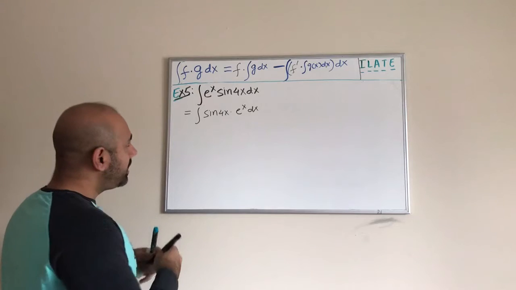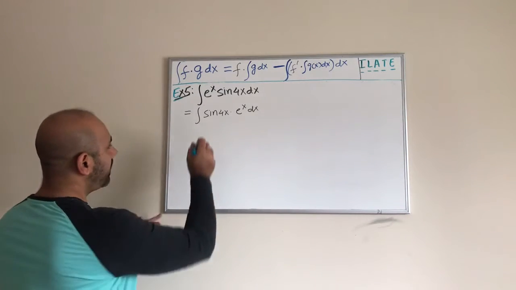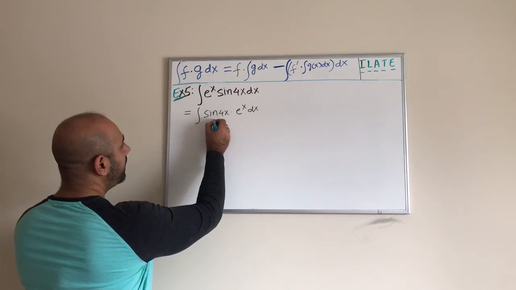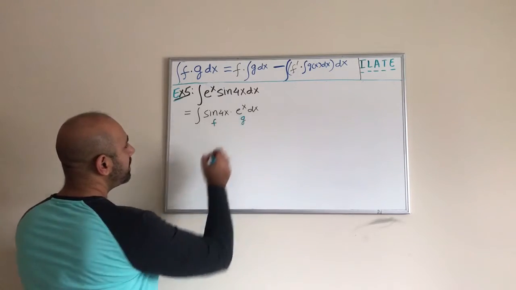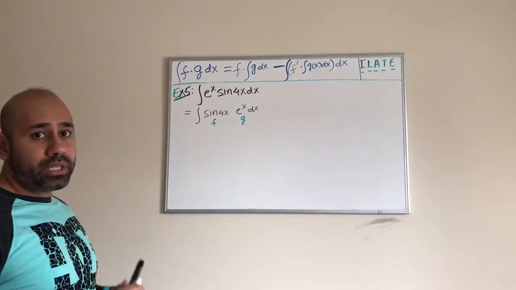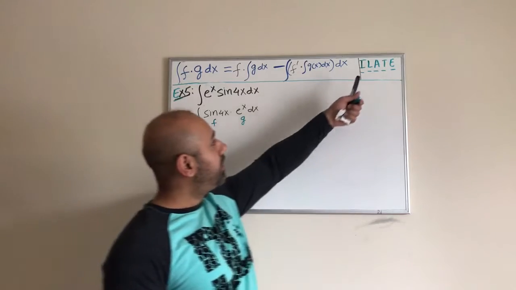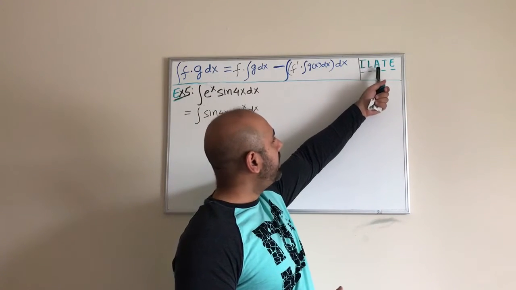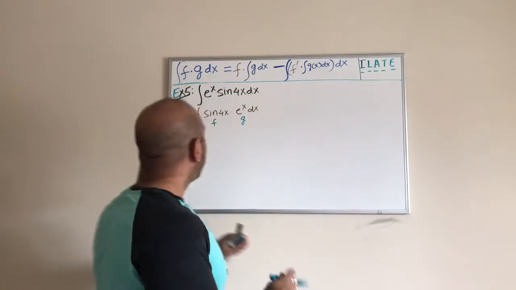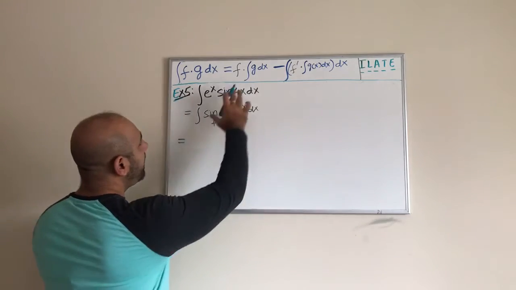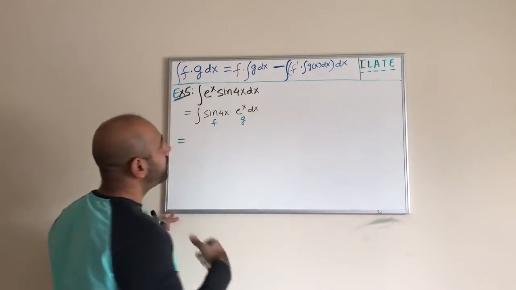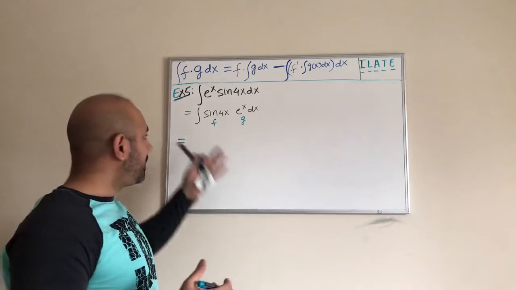Based on this, now we know we have to choose this first function, the trig function, as my f function, and this I will choose as my g function. The exponential comes all the way at the end, right? We can see that here: inverse, log, algebraic, trig, and exponential. Once we do that, we already have the formula here, and we're just going to apply that to this particular integral.